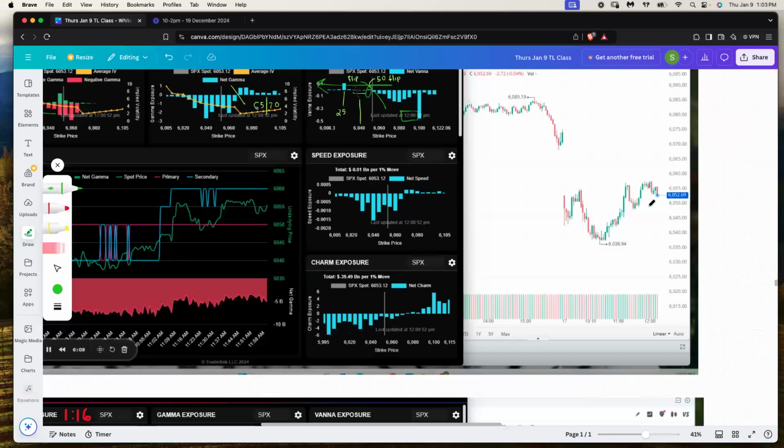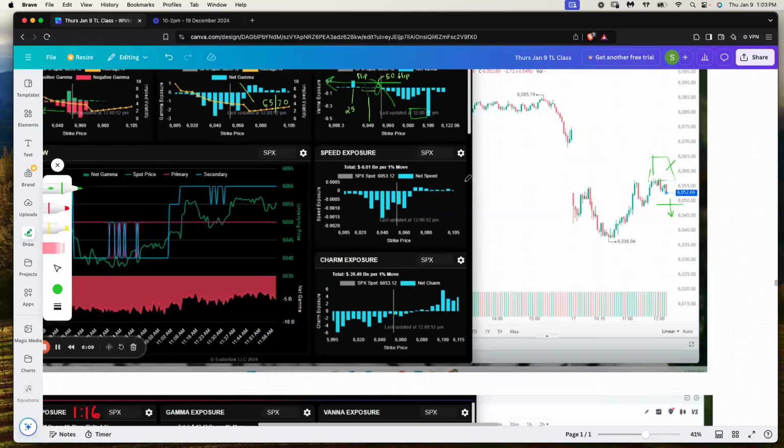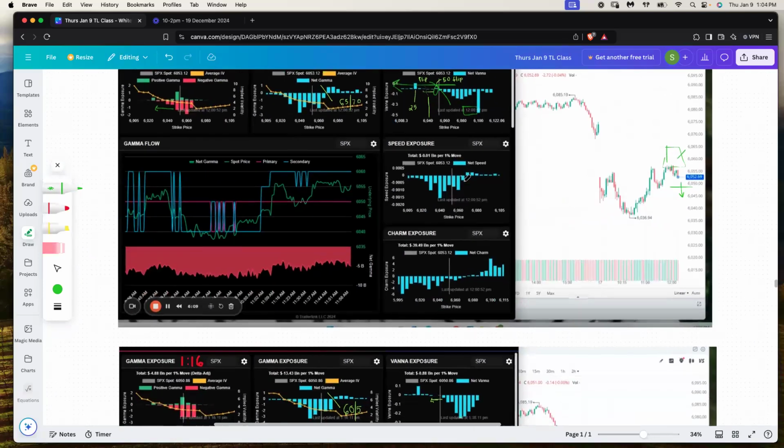If we cross 50, that might be the cleaner short, but you could start taking an entry around here as long as you set a wider stop, just because it still is choppy, right? You just have to respect the nature of the day, the environment that you're in.